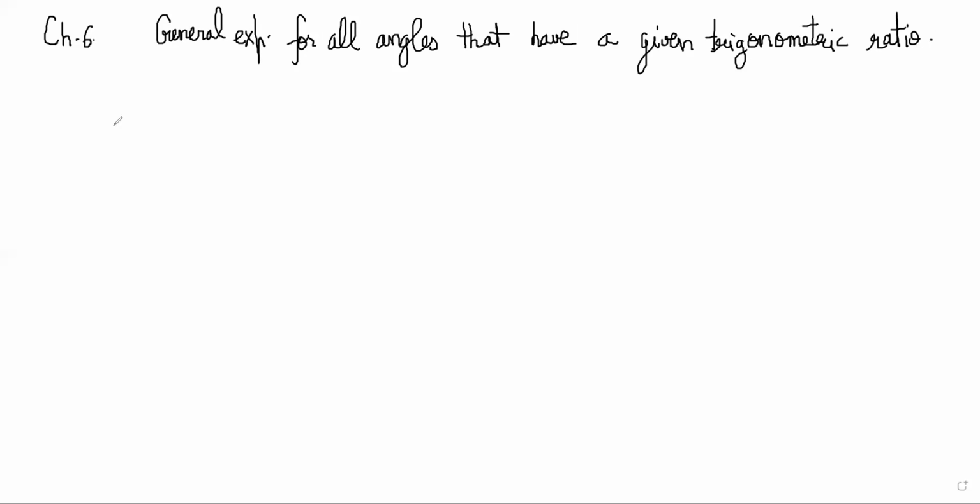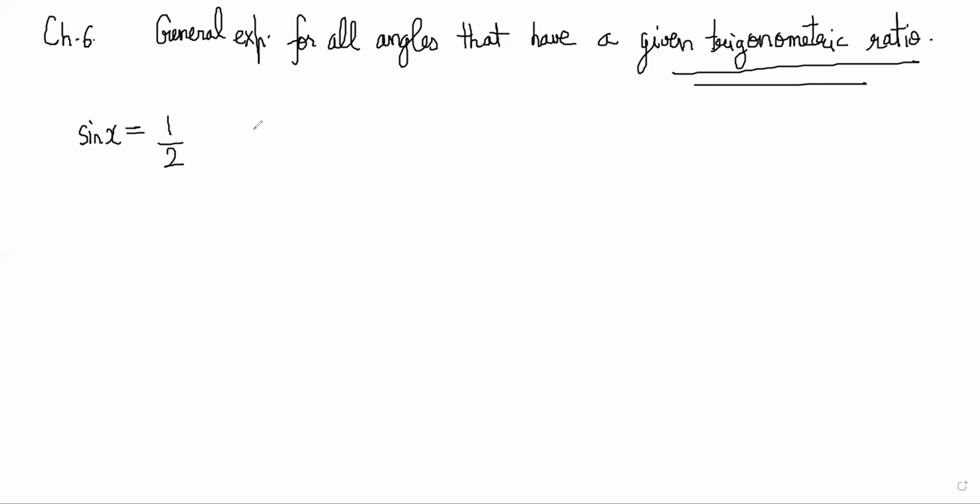He means that suppose I give you a question like this: sine of x is equal to half, right? So here, what am I giving you? I'm giving you a given trigonometric ratio. Sine of some angle is half, right? Yes.